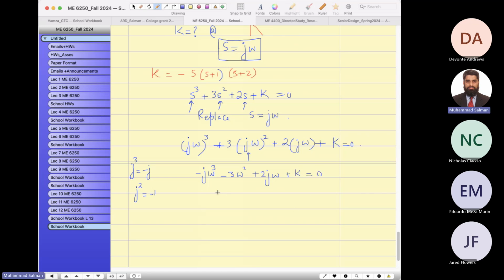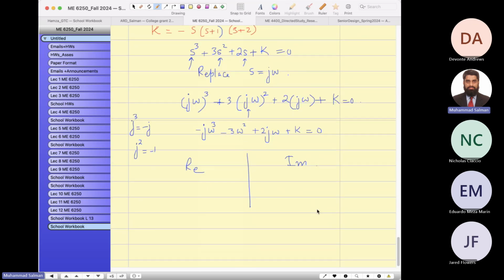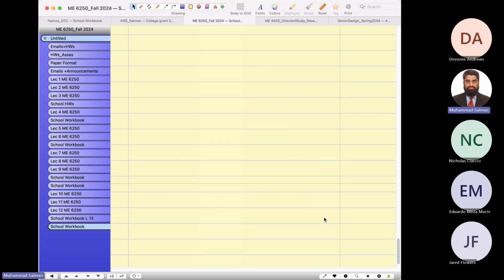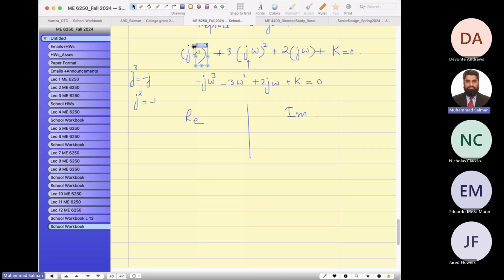Now you have to separate the imaginary parts. Let me write down real parts here, imaginary parts here, and equate them to 0. So from this equation, we have to separate the real. Every term which has j in it is an imaginary term. So negative omega cubed plus 2 omega equals 0.